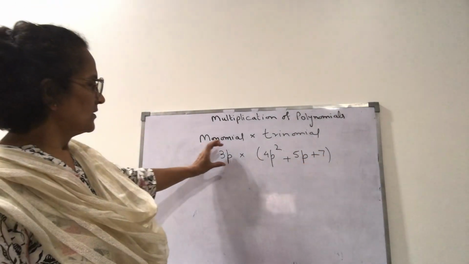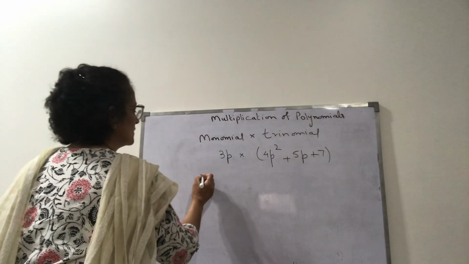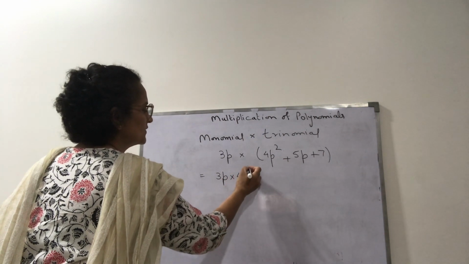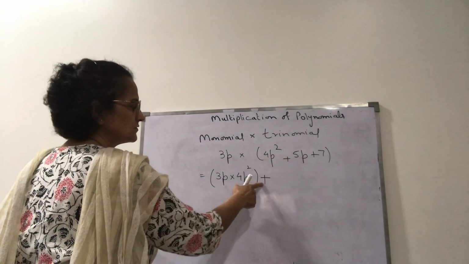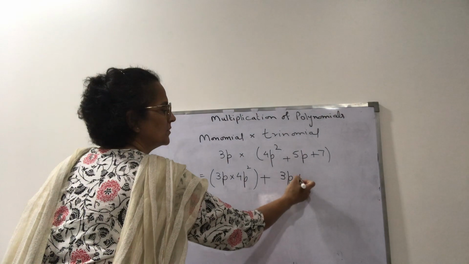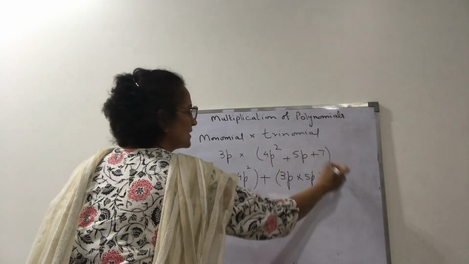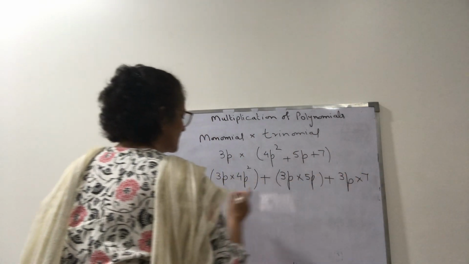Again 3p will be multiplied with 4p square. So 3p will be multiplied with 4p square, plus, here we have plus, we will note down the plus. Now 3p will be multiplied with 5p, plus, and now this 3p will be multiplied with 7.